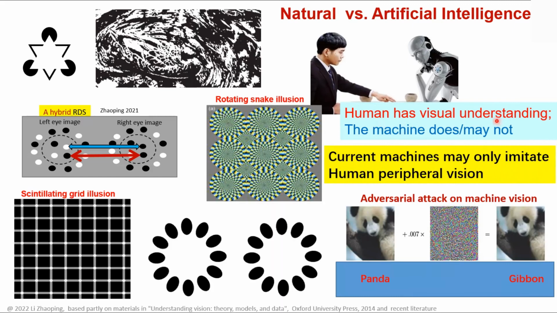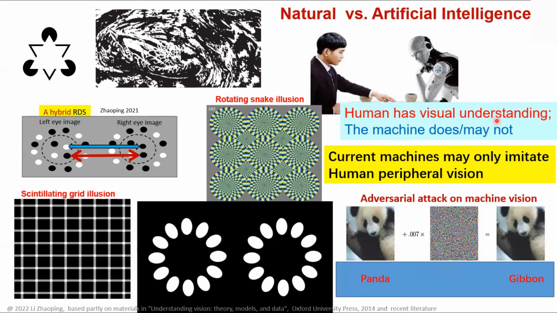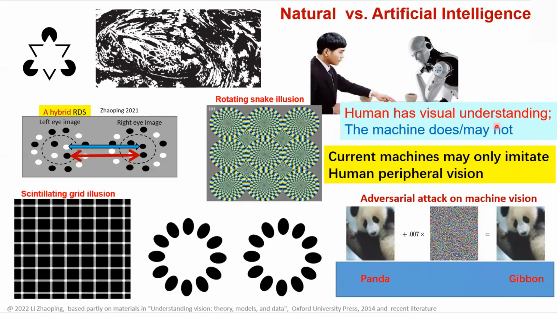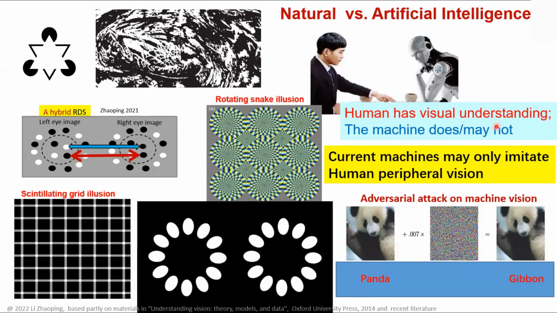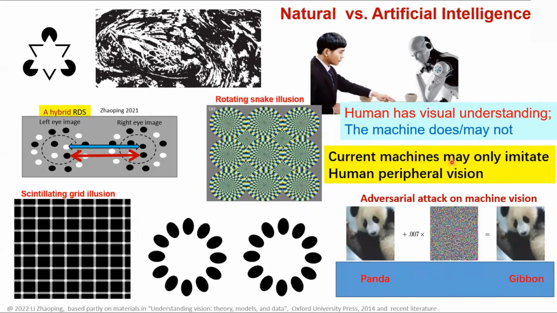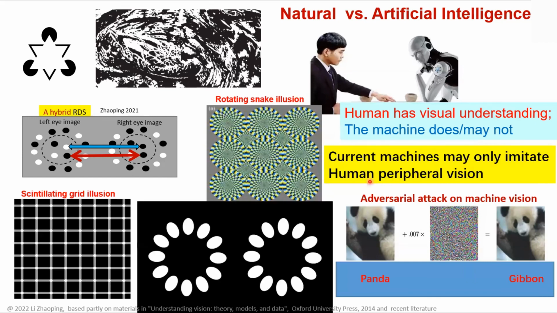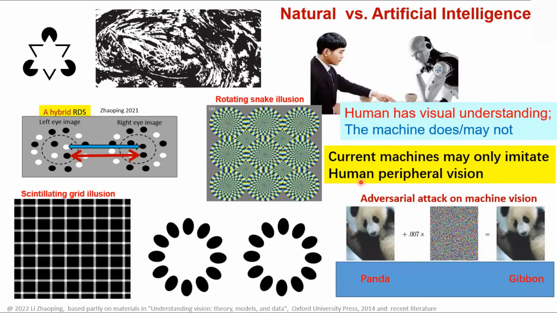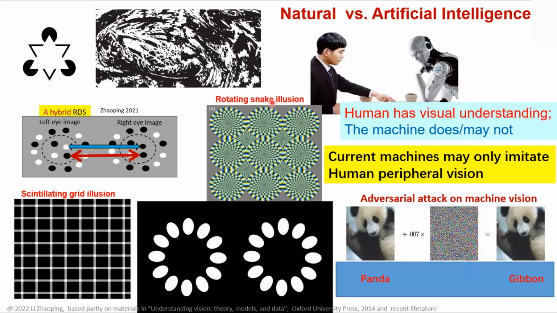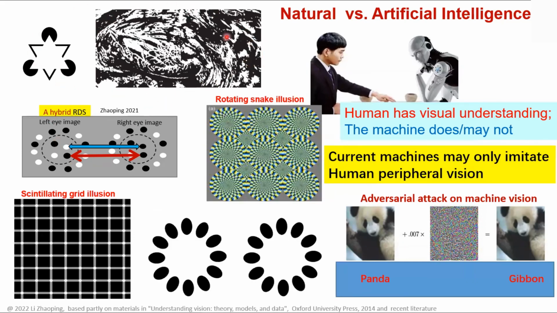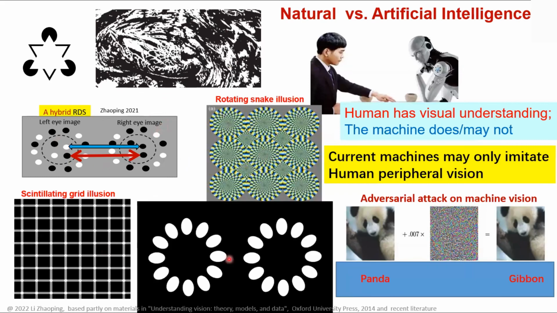This understanding is in central vision through top-down feedback, through an internal generative model of what the visual world should be, analysis by synthesis. And you may say the current machines may only imitate human peripheral vision. So our human central vision can make us do these kinds of intelligent behavior, which is beyond surviving the adversarial attack.